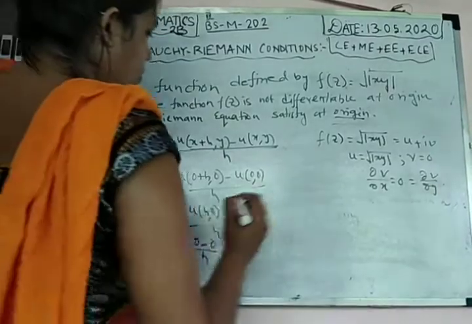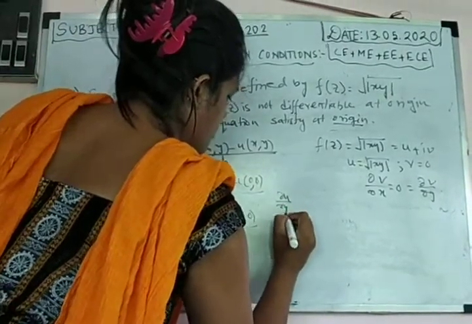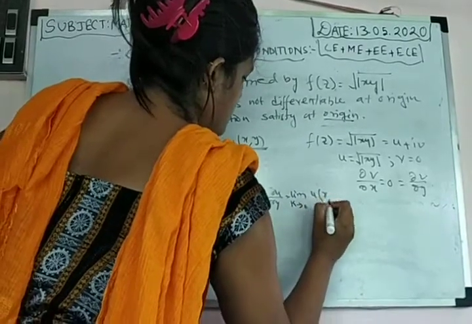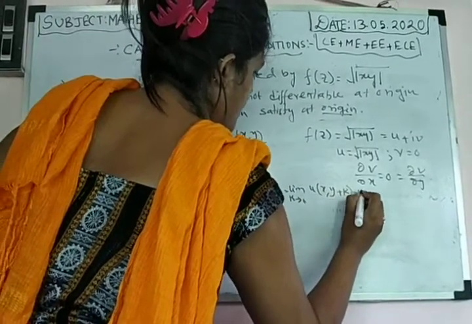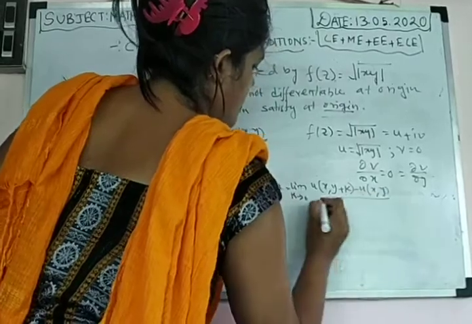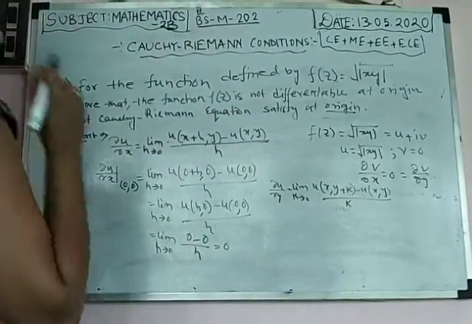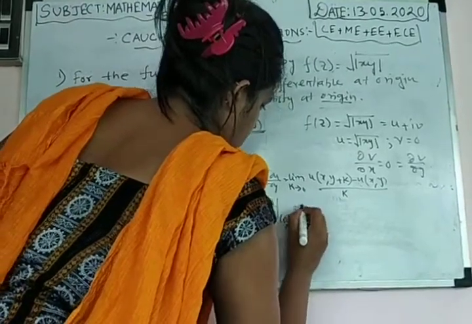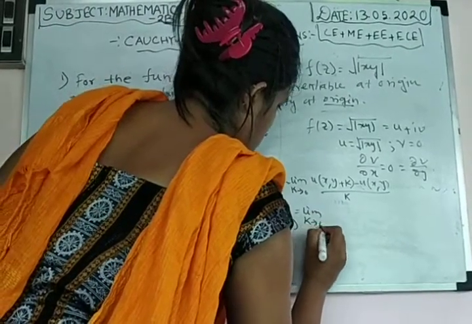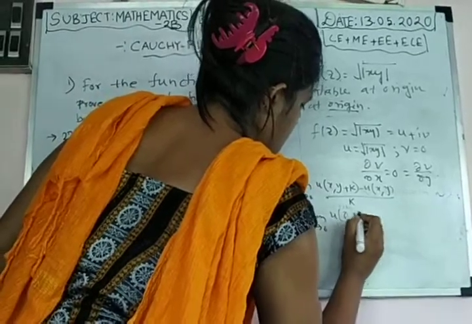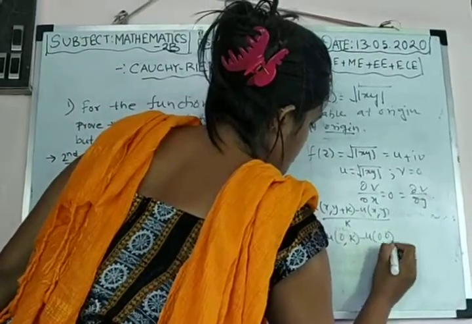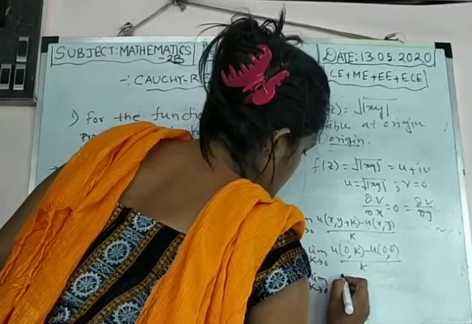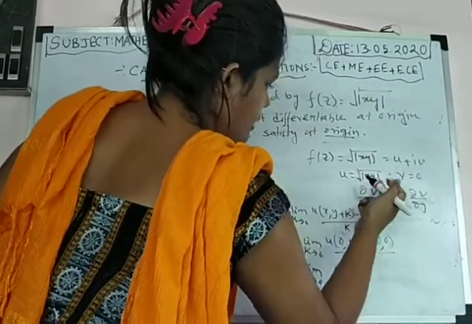This is del u del x, and del u del y equals the limit as k tends to 0 of u of (x, y plus k) minus u of (x, y) by k. This is our first principle form. Now find del u del y at the origin. So the limit as k tends to 0 of u(0, 0 plus k) minus u(0, 0) by k. This is obviously 0 because u(0, k) is 0.